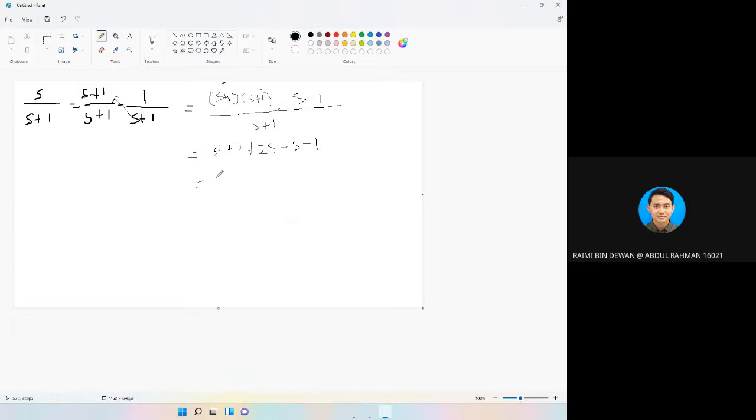Then s squared, 2 minus 1 plus 1. 2s minus s is only s. Then you have your s plus 1.